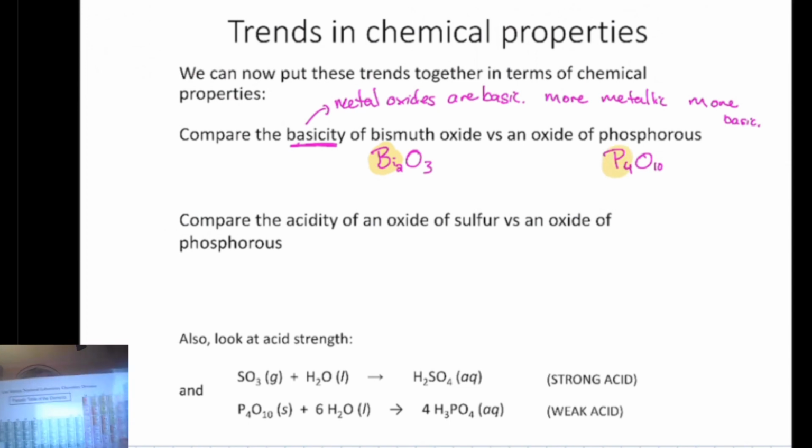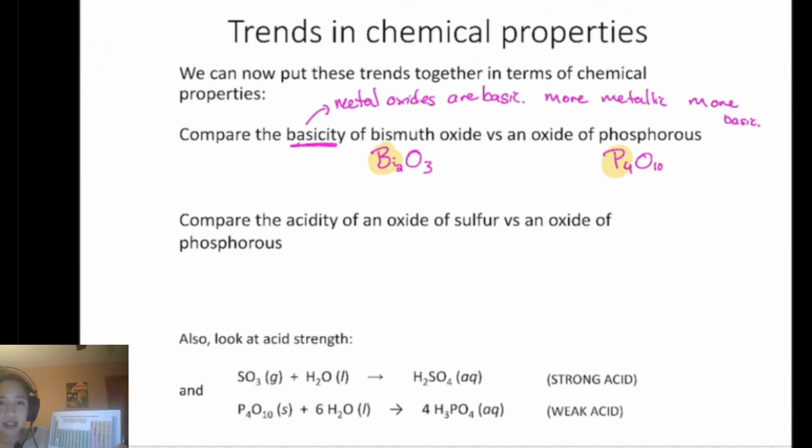If we look at our periodic table, bismuth is here, and phosphorus is 3 rows up. If we remember our trends, we get more metallic going down. You can also see that bismuth is on the metal side and phosphorus is on the non-metal side, so that's an indication too.